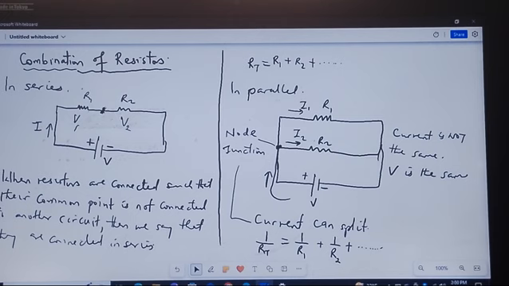Remember, when components are connected in series, you have the same current flowing through them, so if you switch off one component, it automatically affects the other components. But when you connect them in parallel, they can operate independently, such that if you switch off your fan, it will not affect your television. If you switch off your television, it doesn't affect your fan or your bulb. So that is why, in household wiring, the components are connected in parallel so that they can operate independently.